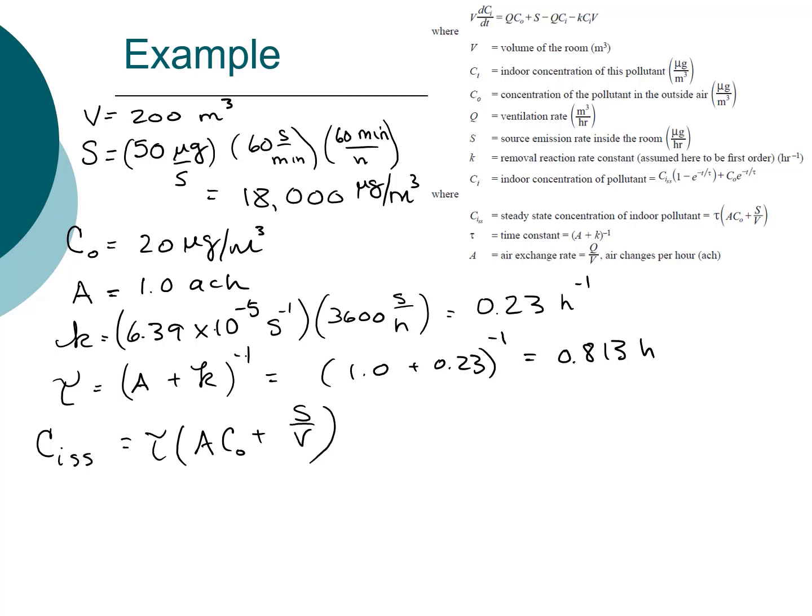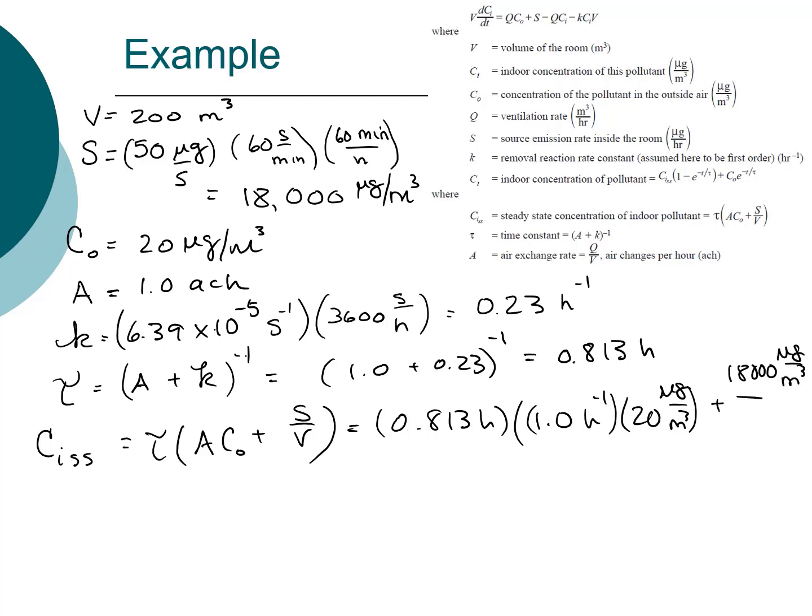You could derive this based on what we've done in class, but since you've been given this equation, we'll use that, and that is equal to 0.813 hours times (A, 1.0 inverse hour, times C0, which is 20 micrograms per cubic meter, plus S, which is 18,000 micrograms per hour, divided by the volume, which is 200 cubic meters).